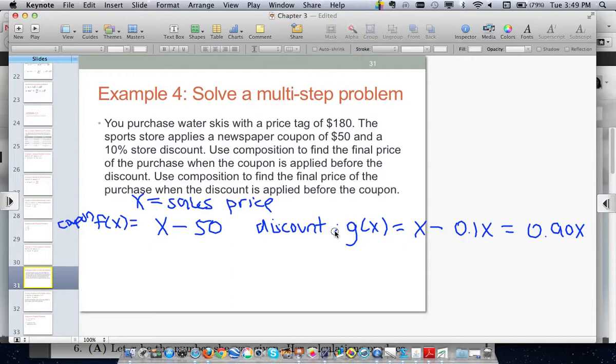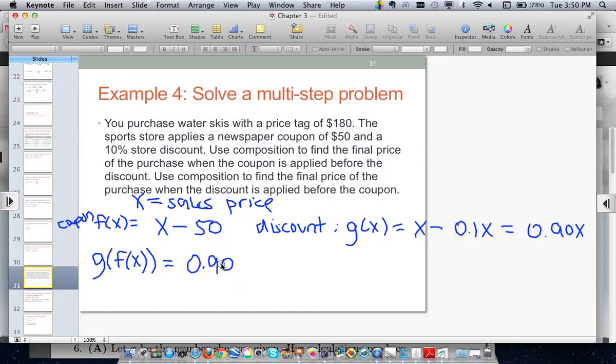So our first scenario says, well, what happens if I use the coupon first and then the discount? So our composition is a little bit different. We're going to take 90% of the coupon price. So the price after the coupon is what we take 90% of.